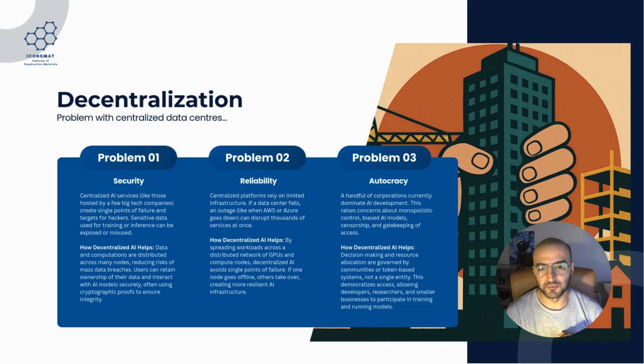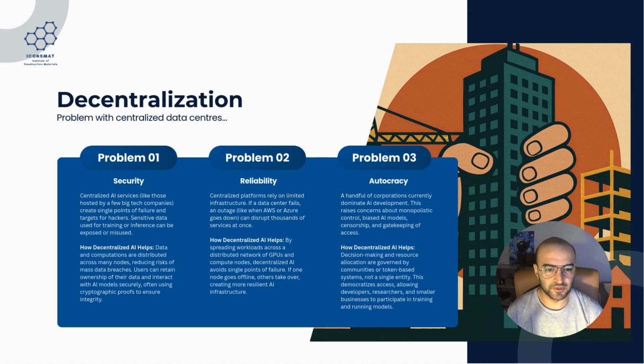The second problem is reliability. Centralized platforms rely on limited infrastructure. If a data center fails for any environmental reason, let's say an earthquake, flooding, or any kind of problem that can damage the building or the infrastructure of the data center, the outage can disrupt thousands of services and users, and this is not something really pleasant.